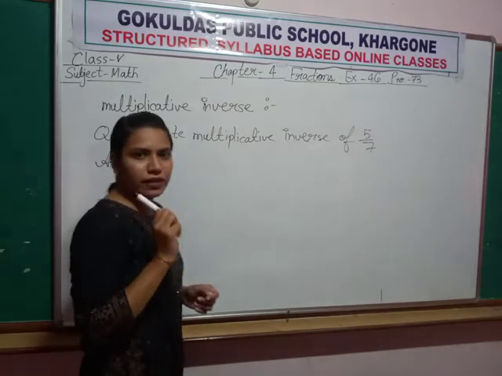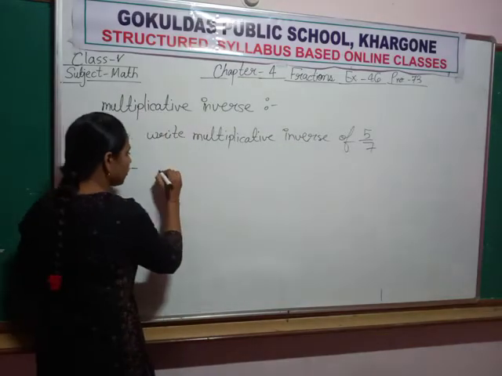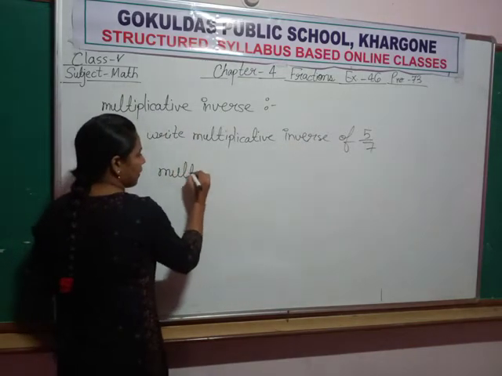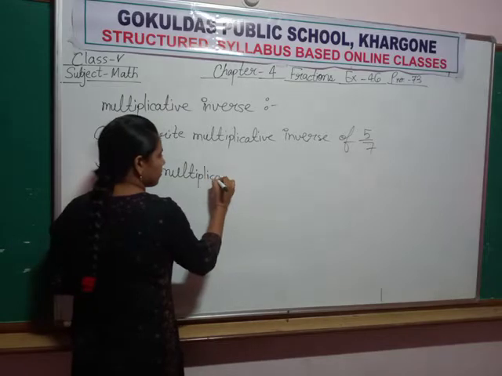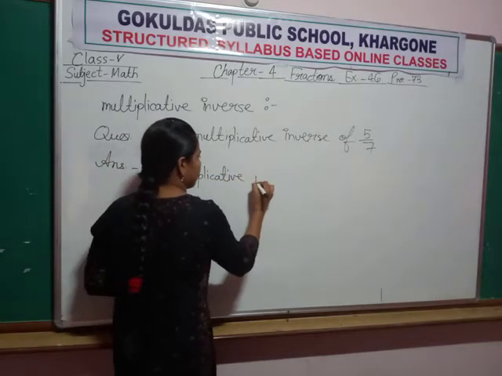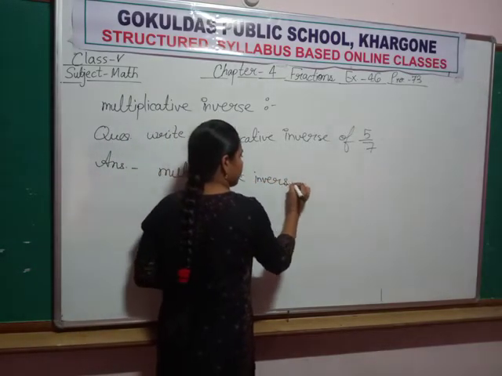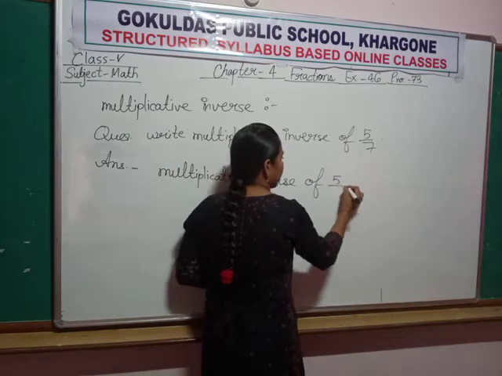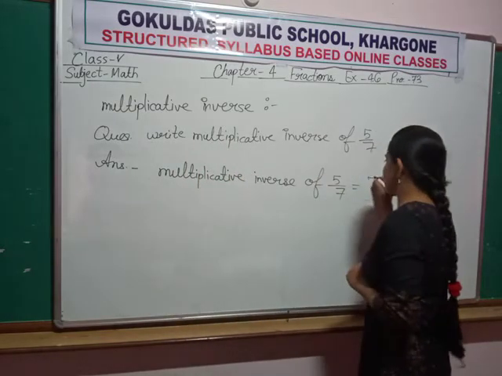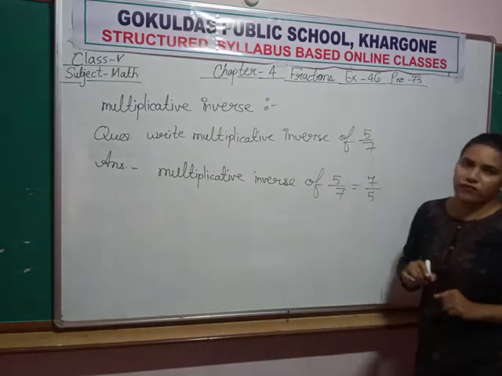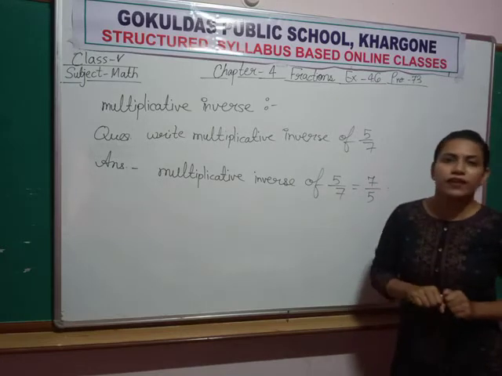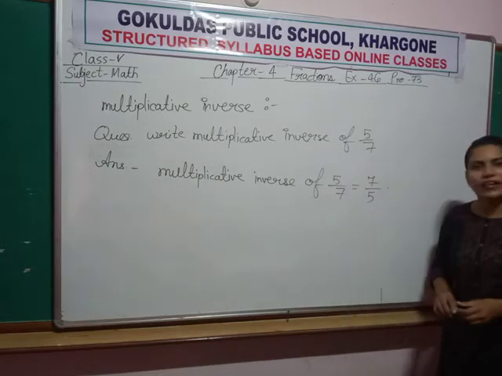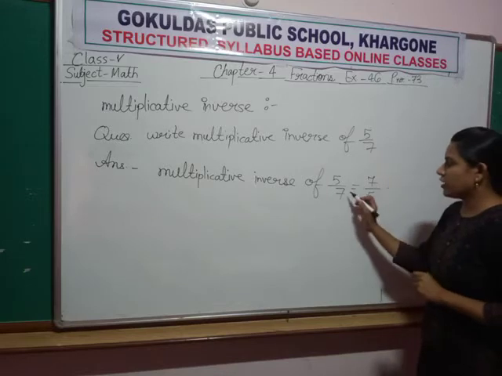You want to write the multiplicative inverse of 5/7. The multiplicative inverse of 5/7 is 7/5. How do we write a multiplicative inverse?